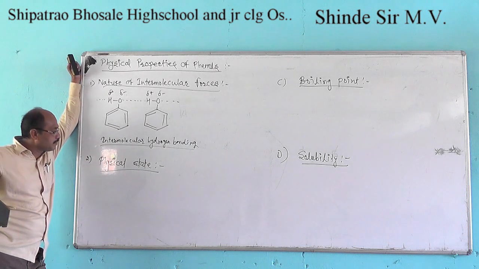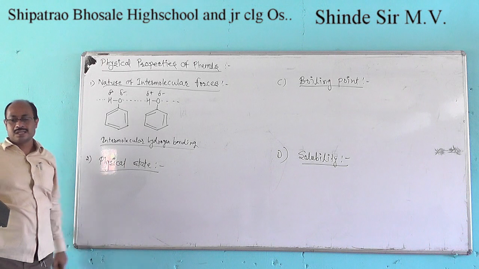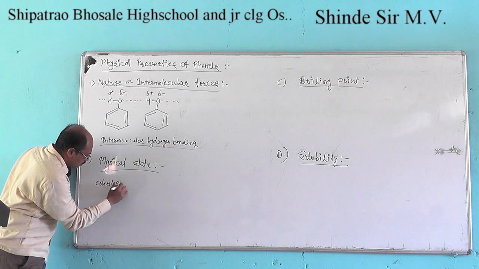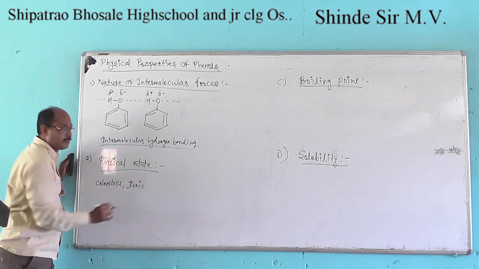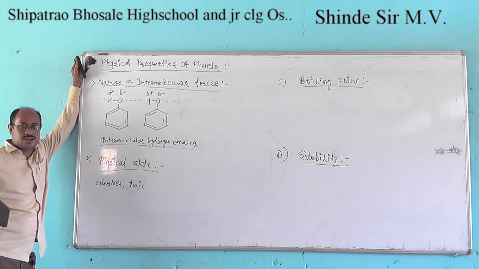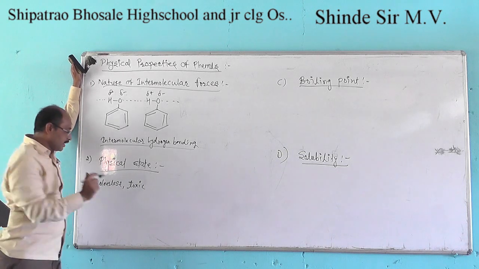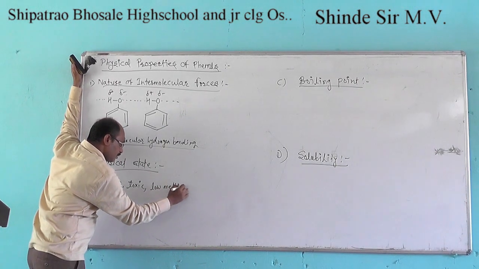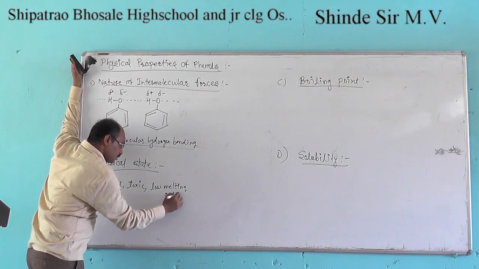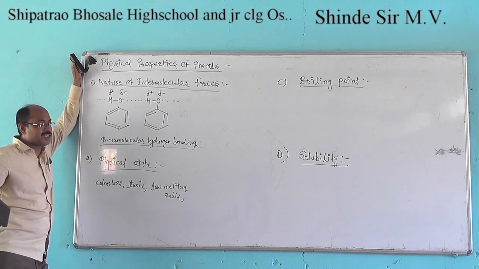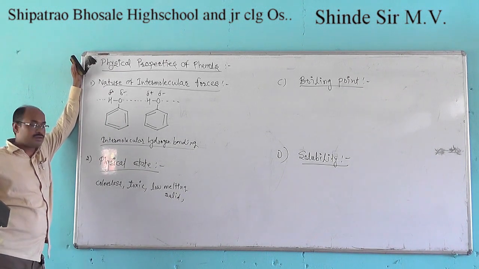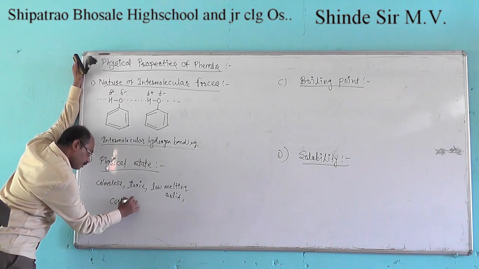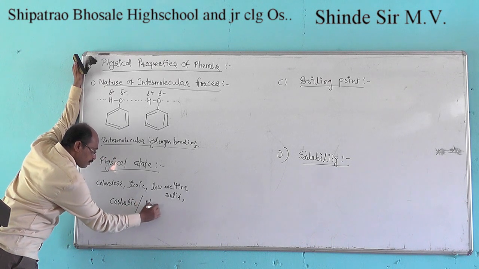When we observe the physical state of phenols, phenol is a colorless, toxic, low melting solid which has a characteristic odor, meaning either the carbolic or phenolic odor.